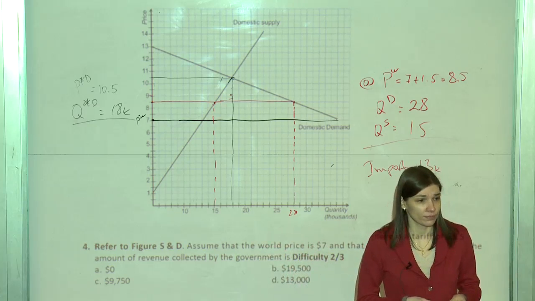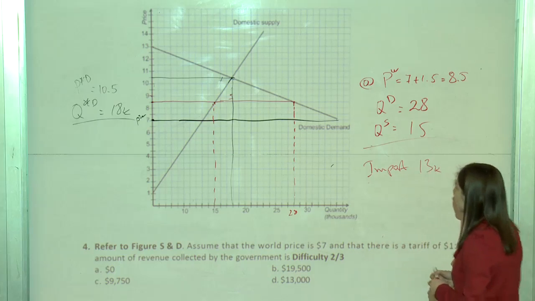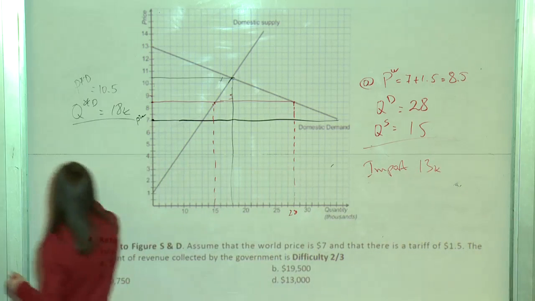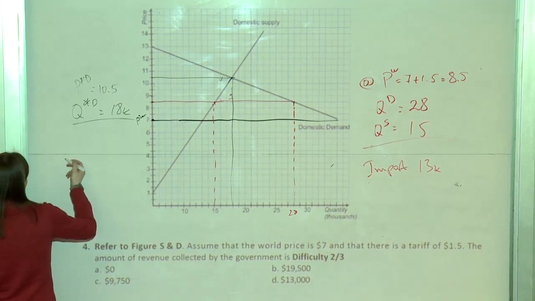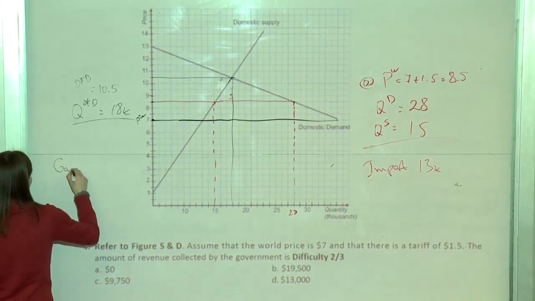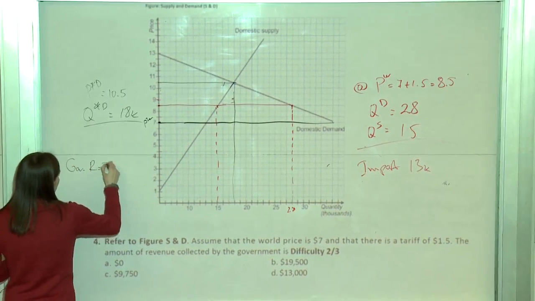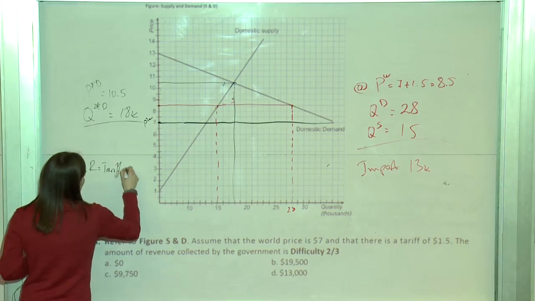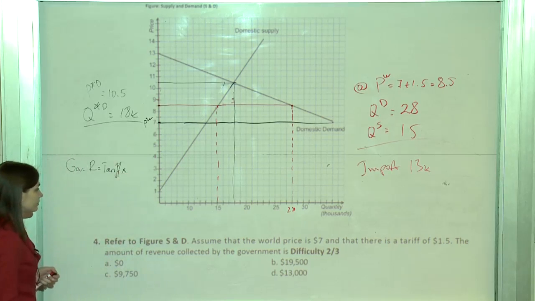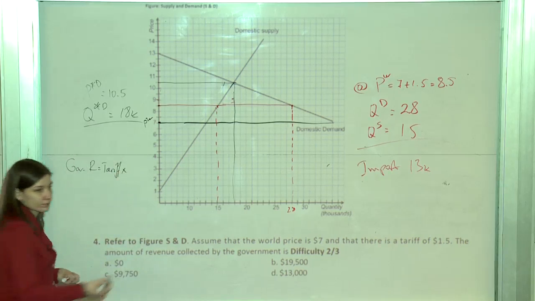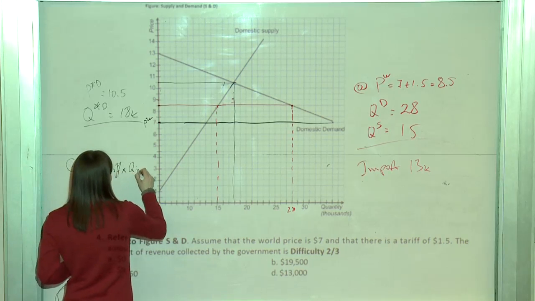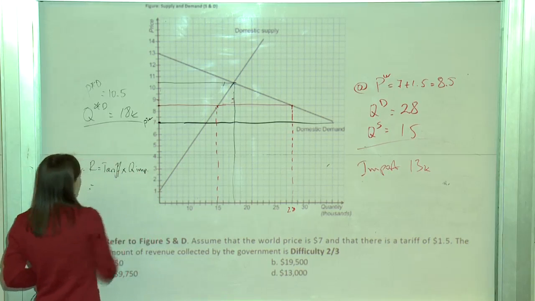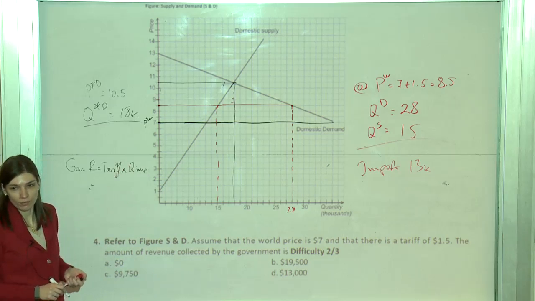You have a question? No? Okay, so government revenue is going to be the tariff times the quantity imported. Well, the tariff is 1.5, right?